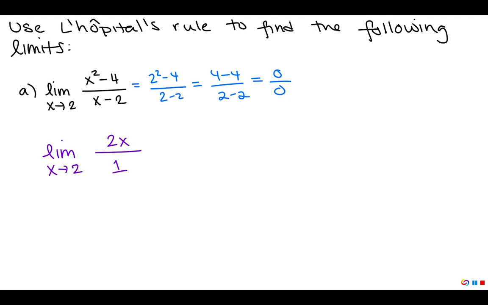The derivative of x squared minus 4 is 2x, and the derivative of x minus 2 is 1. So this is going to be equal to the limit as x goes to 2 of 2x over 1. Once again, I plug the 2 in, see what I get.